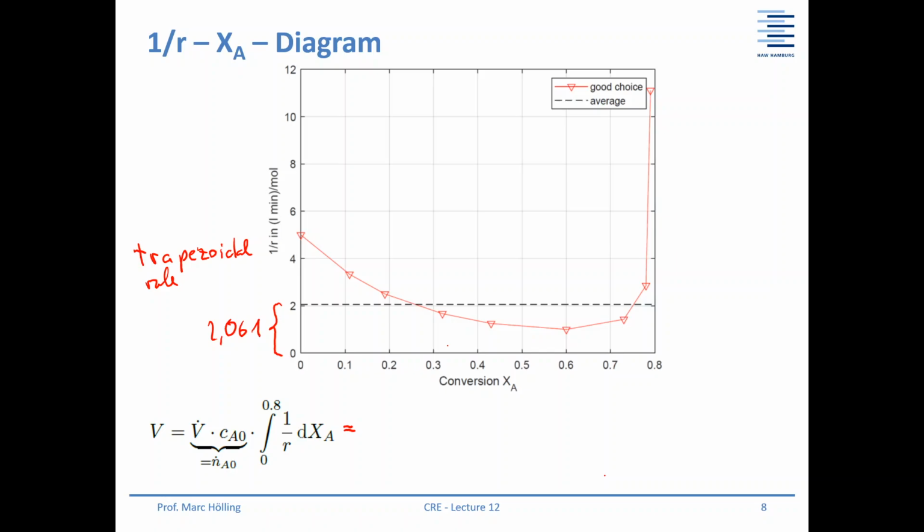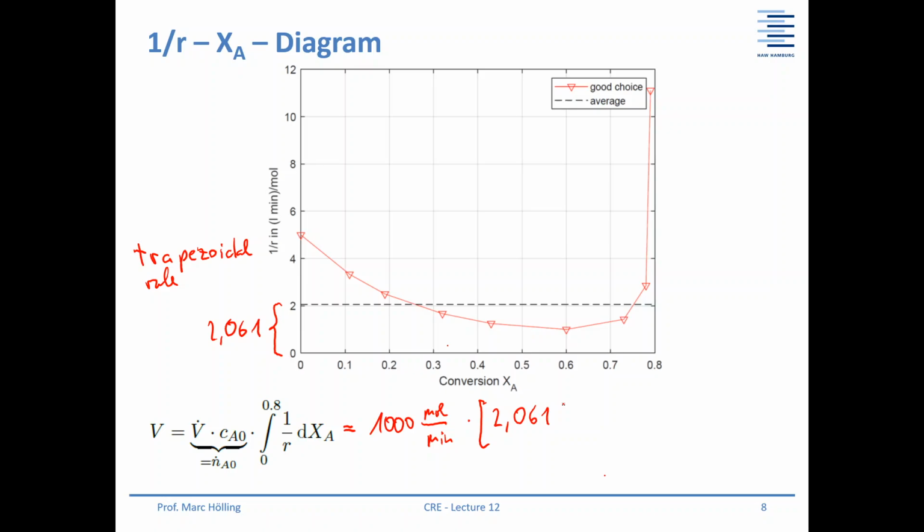And then you can just say, okay, how to calculate it if we know the length of this side of the rectangle, then it's no problem. We can say, okay, my mole flow at the inlet of component A, this was 1000, no, not liters, but moles per minute, and then we have to multiply it with the integral, and instead of the integral we can use the rectangle, and the rectangle is 2.061.